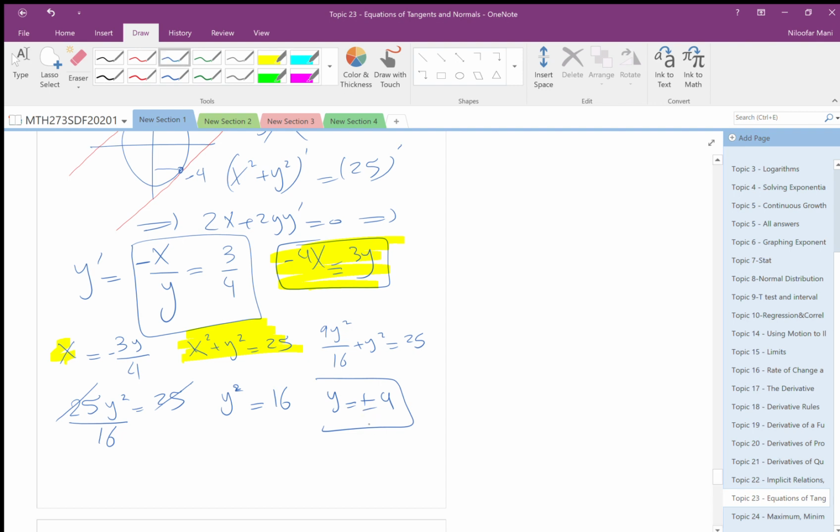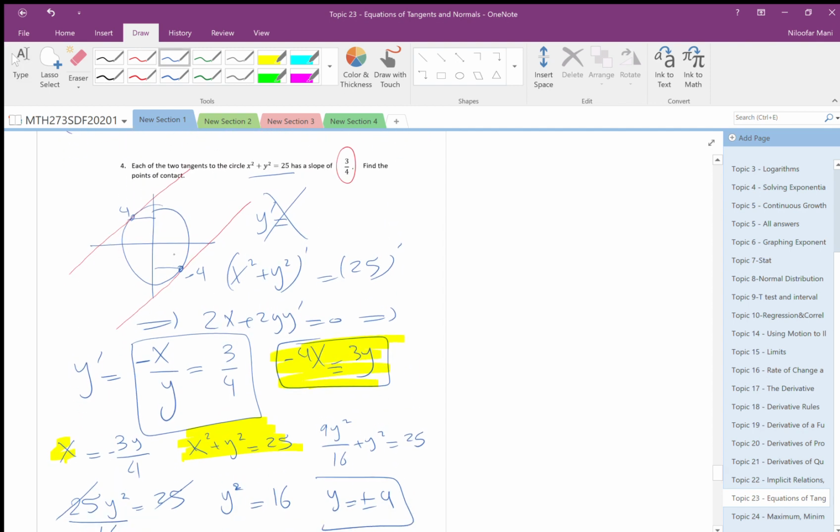So for example, if y is 4, x is minus 3, and when y is minus 4, x is 3. Okay, look at this, here 3 and here minus 3.